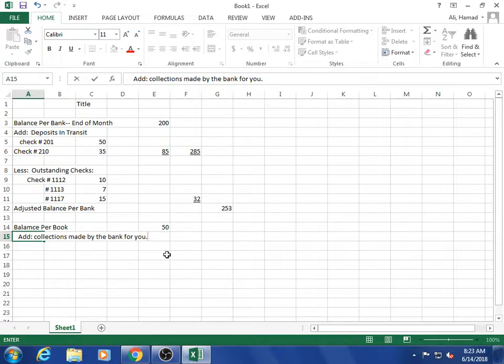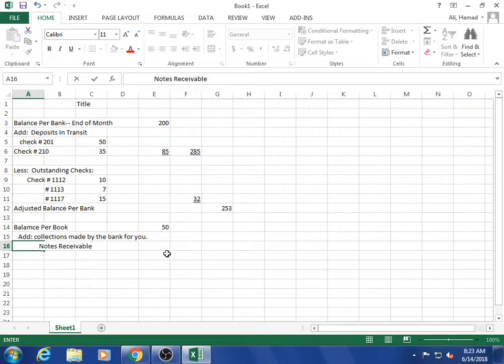So what does the bank usually collect for you? It collects notes receivable. So if you have a note from somebody that you made them sign a note for you, and that person went ahead and put it in your account.